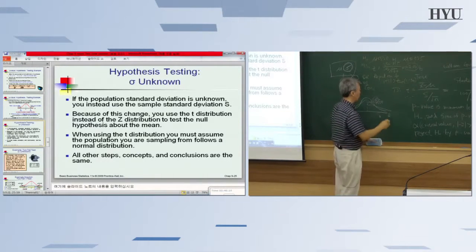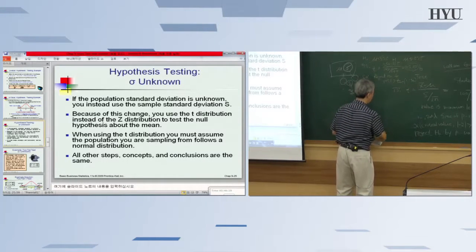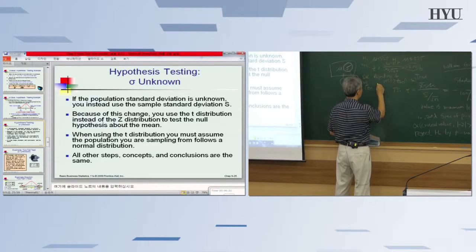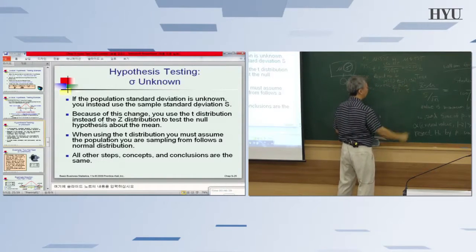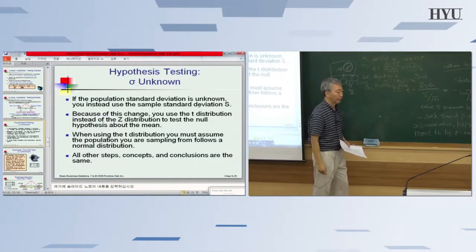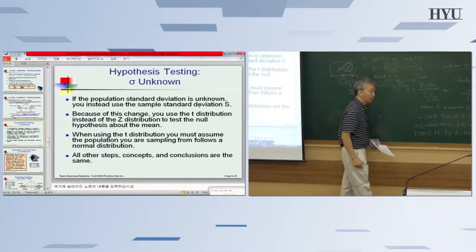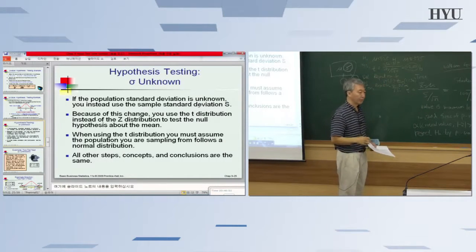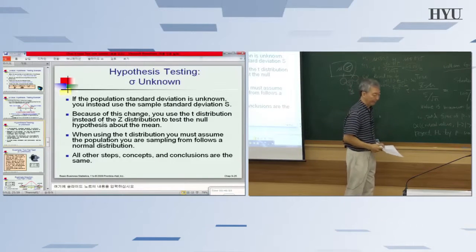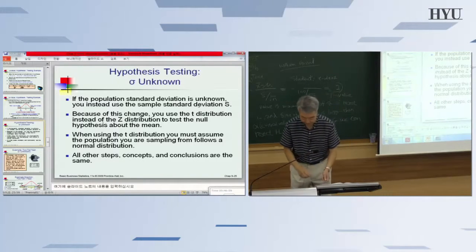If you're using the p-value approach, you calculate the p-value, and the decision rule is to reject the null hypothesis if p is less than alpha. Exactly the same as before. The only difference is that instead of sigma, we use S, so instead of the Z table, we're going to be using the T table.